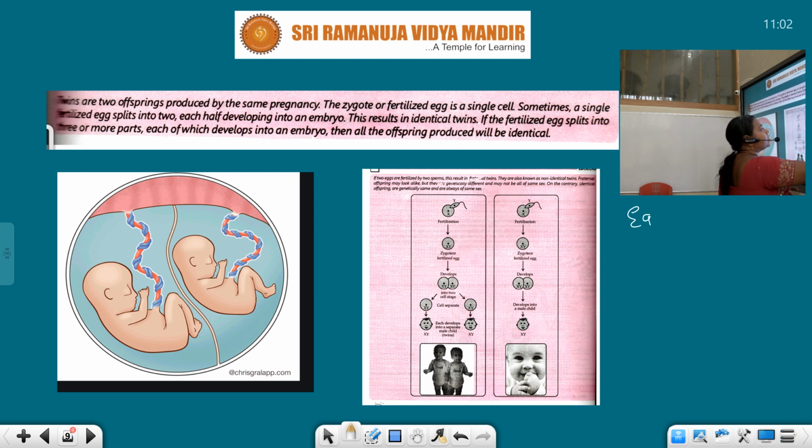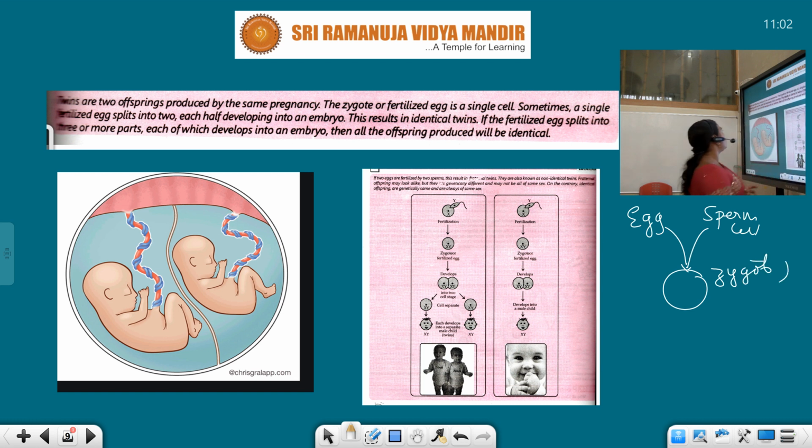Egg and sperm cell, right? In some cases, by their fusion we'll get the zygote. Sometimes a single fertilized egg splits into two.